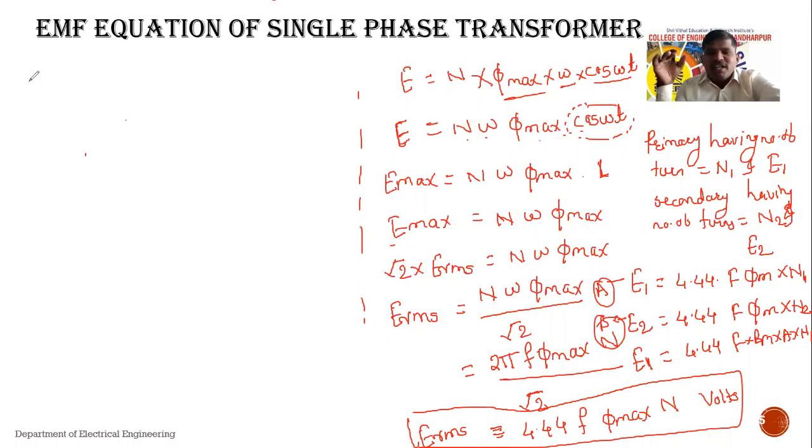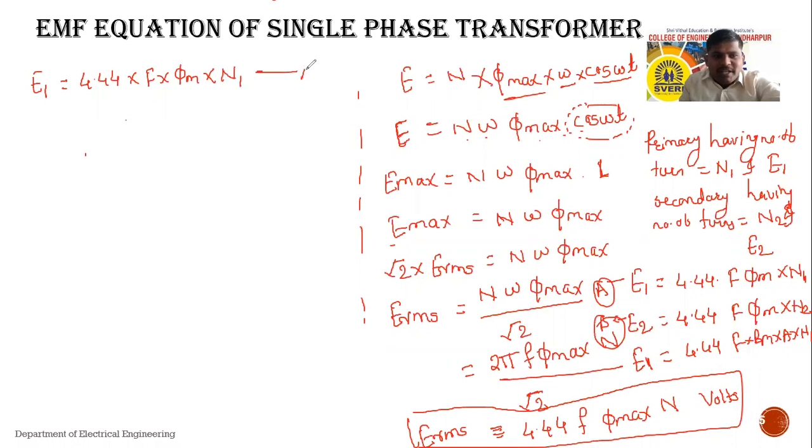From equations A and B: E1 is equal to 4.44 into f, the frequency, into the maximum value of flux into N1, the number of turns.